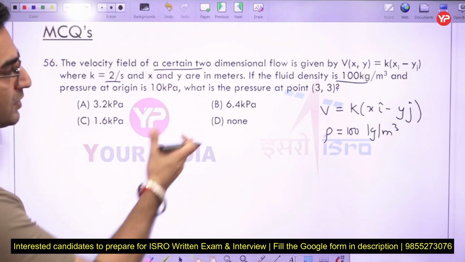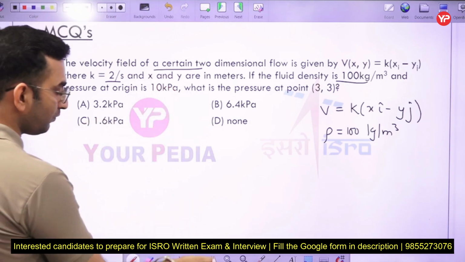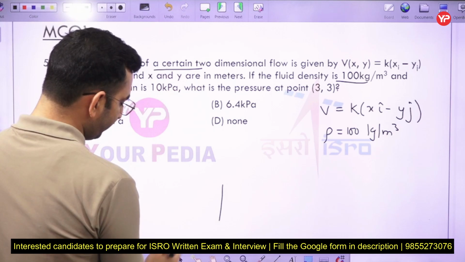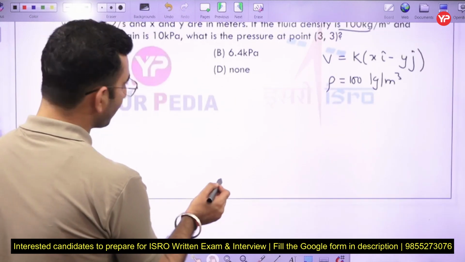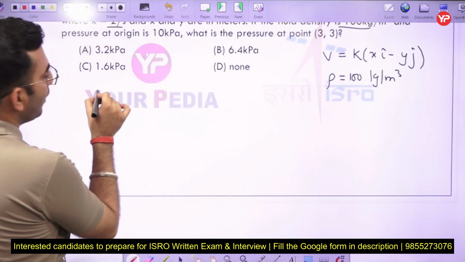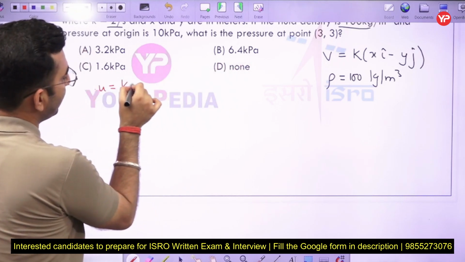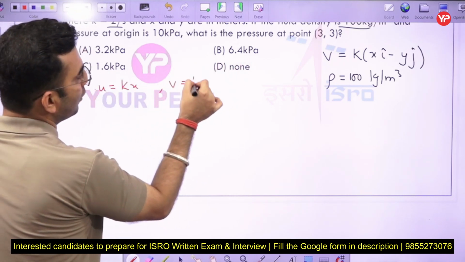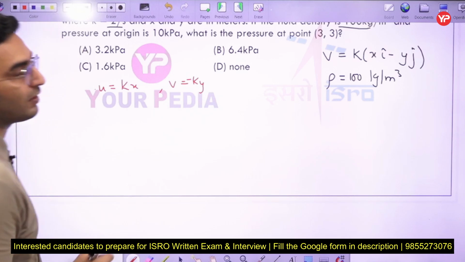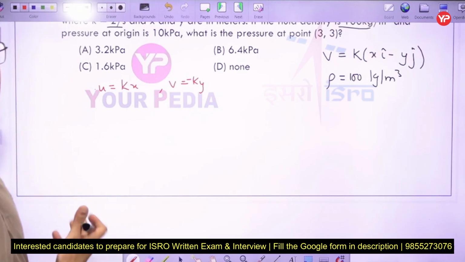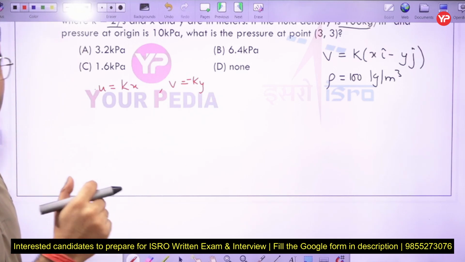Let us first calculate the velocity values. First of all, u is going to be equal to kx, and v is going to be equal to minus ky, the velocity components along the x direction and the y direction.